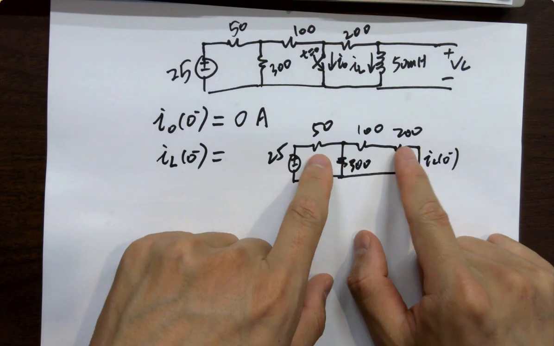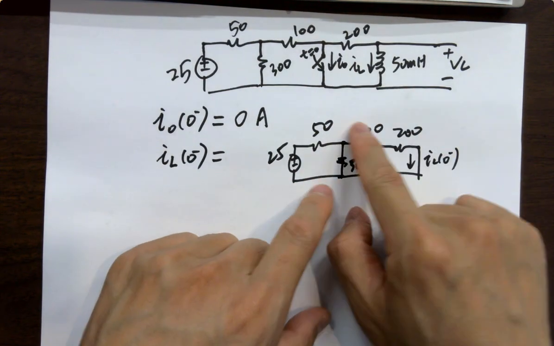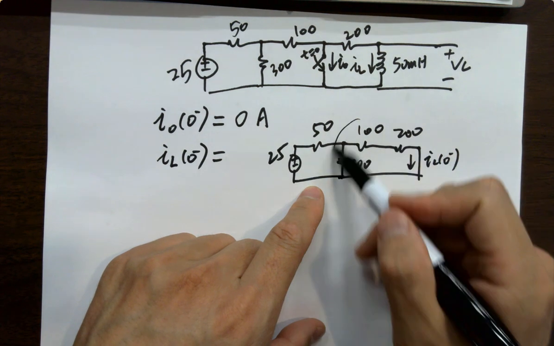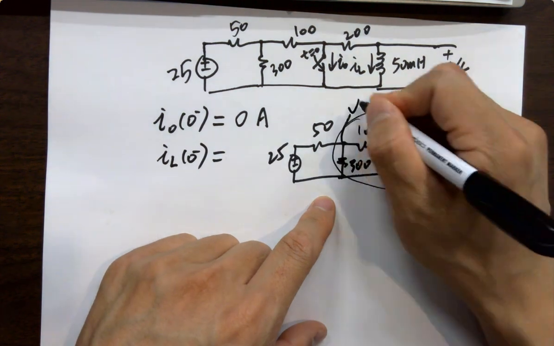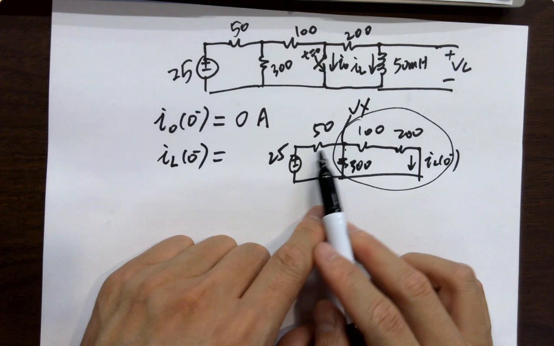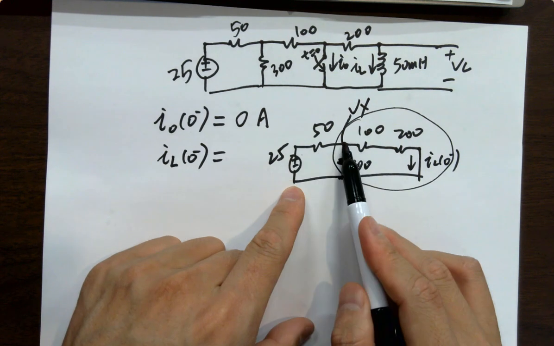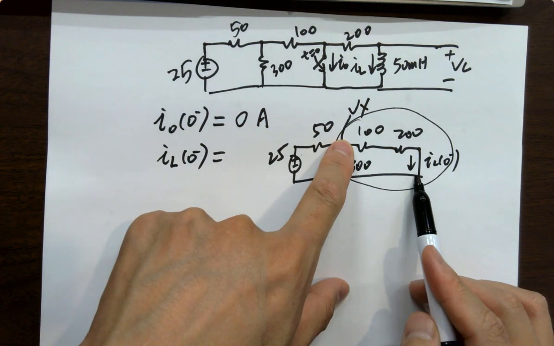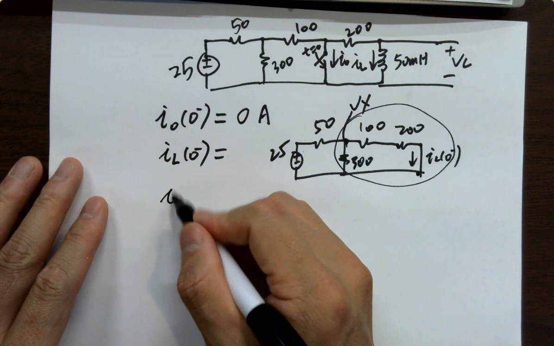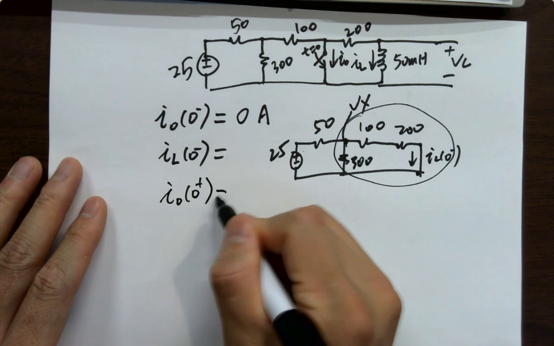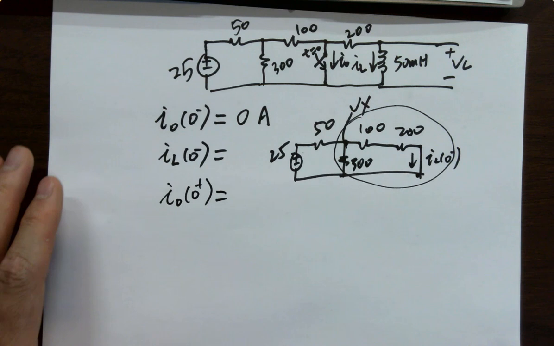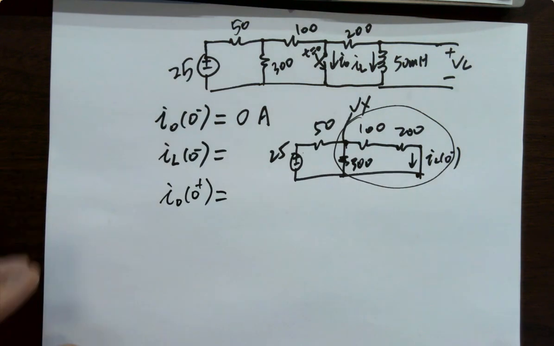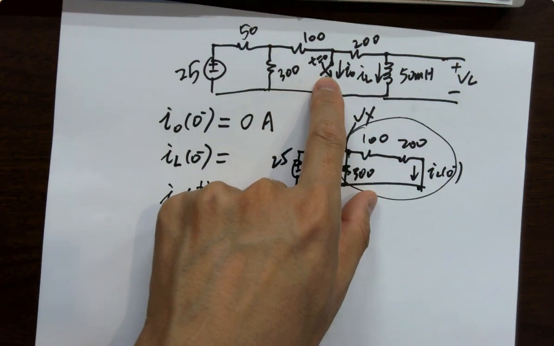It's the same problem as the one we just talked about, right? This is the combined resistor. Find out the equivalent resistor, get Vx, find out the voltage here by using the voltage divider theory, and you can find the current, okay? So what about I0 plus? What is it? I0 plus. So just touch it, just touches it.